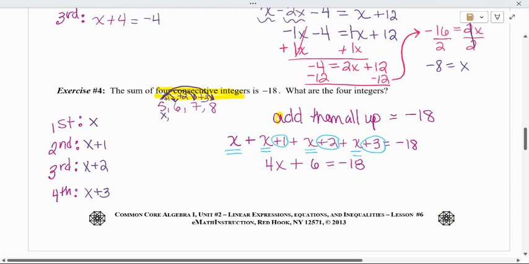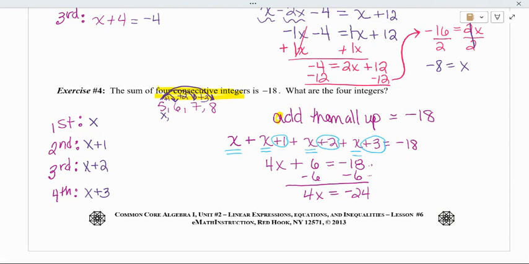Okay. What do you want to do next, Kenna? Minus the 6. Yeah, subtract that 6 from both sides. Good job. So 4x equals, same signs, add and keep. What'd you say, Kenna? Negative 24. Good job. I interrupted you, I'm sorry. Negative 24. Last step.